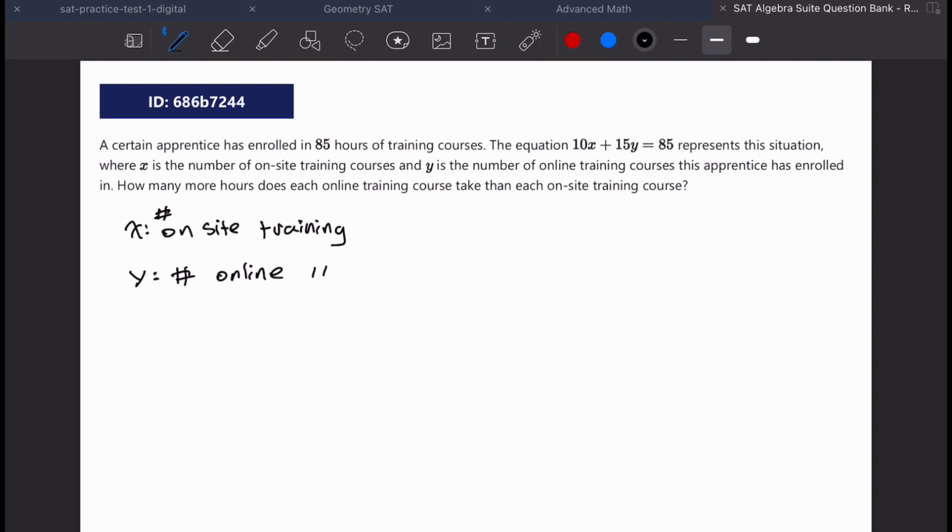So 85 indicates the hours, so the total hours would be the number of on-site training multiplied by hours, adding on the number of online training multiplied by hours. And these hours are just these 10 and 15.